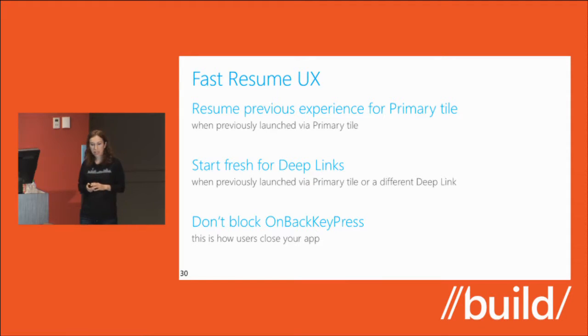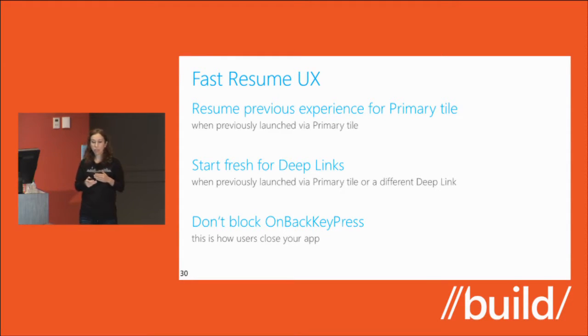But before I do that, I want to make another point. In 7.5, when applications are being restarted, when users tap on the main tile, if the app had a bug in the previous application instance, then that bug most likely will clear up when the user relaunches the app fresh from the tile. We don't have that flexibility with fast resume because we are reusing the same process.